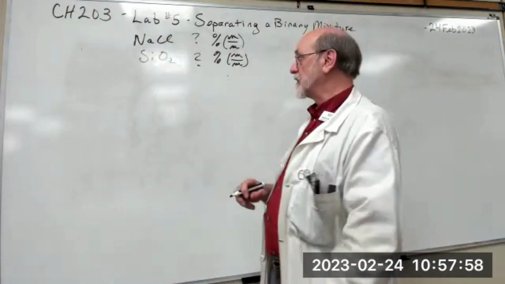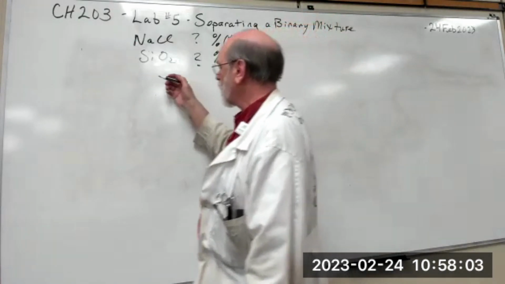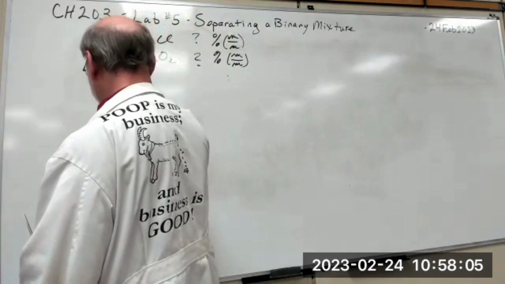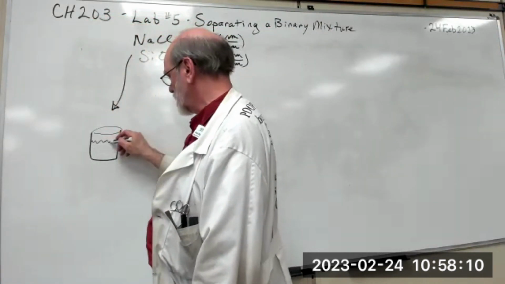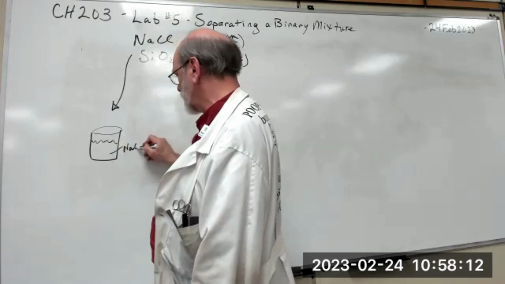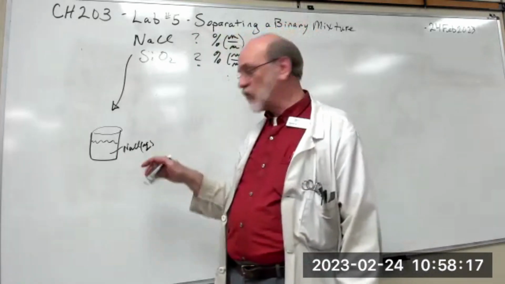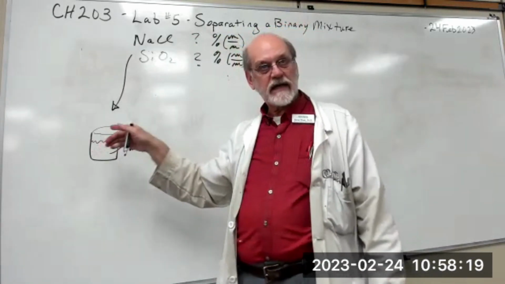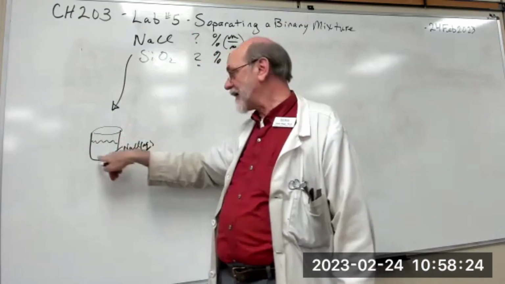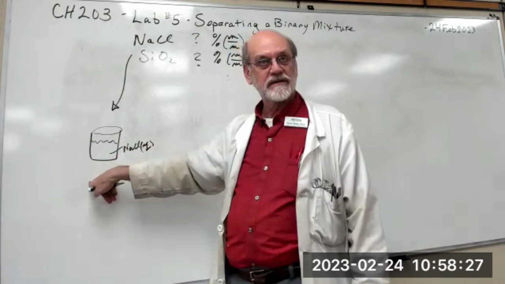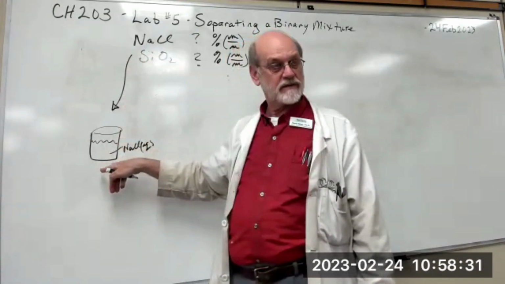Okay, so when you've separated these two, if the sodium chloride ends up in this beaker, this is sodium chloride aqueous. How do you weigh that and get the weight of the sodium chloride after you boil off all the water? You got to know how much the beaker weighs, right? So you got to get a weight for the beaker before you filter anything into it.